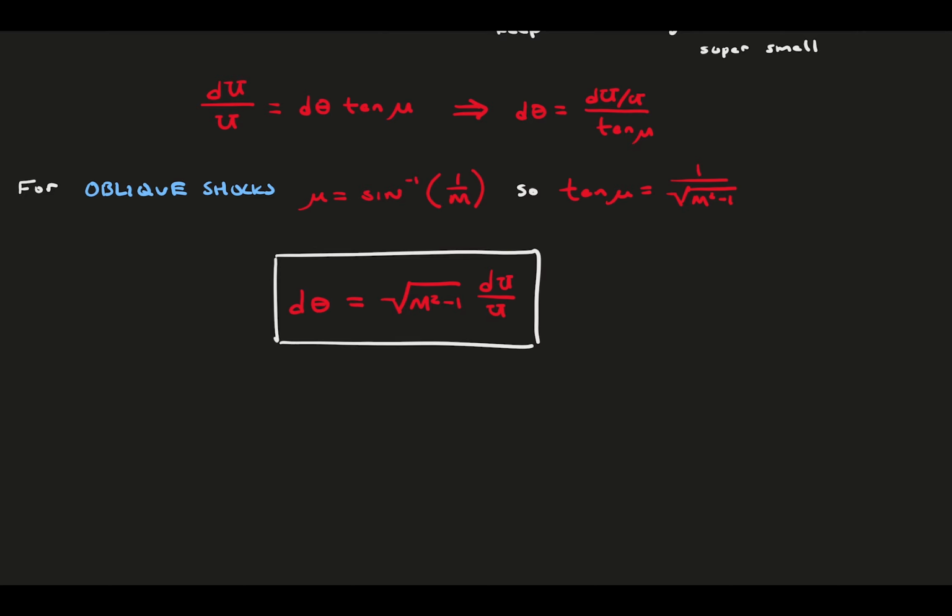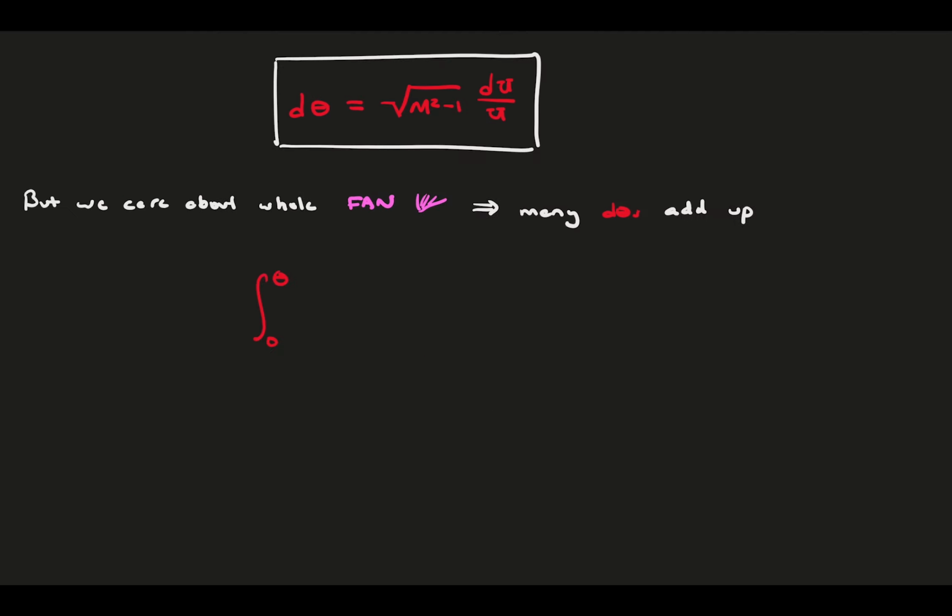And as we've done many times before, let's recognize that we don't necessarily care about a single small change, but what happens when we add all the changes together into the actual expansion fan. To do this, we need to add up all our small changes through integration. On the left, we integrate from 0 to theta, and on the right we integrate from the starting and ending Mach numbers after passing through the fan.